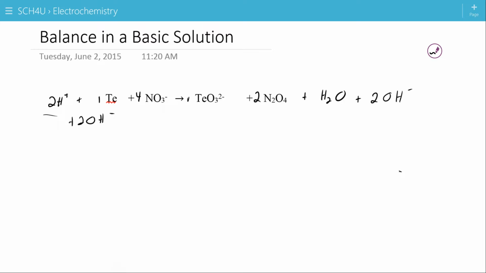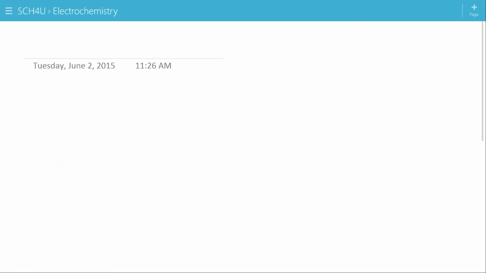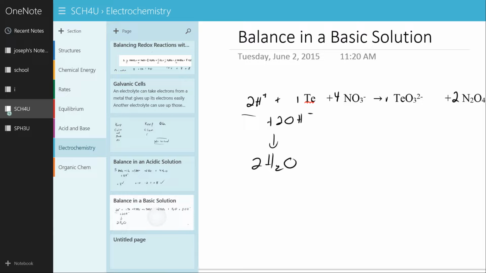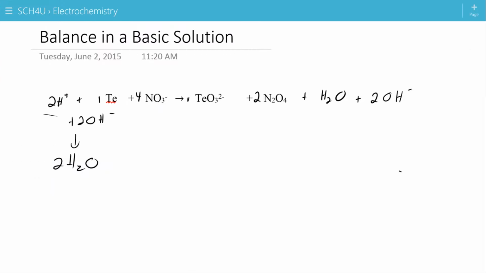These two hydrogen ions and hydroxide ions will react to form 2 waters. So those 2 waters are produced on this side, and that uses up all of those.